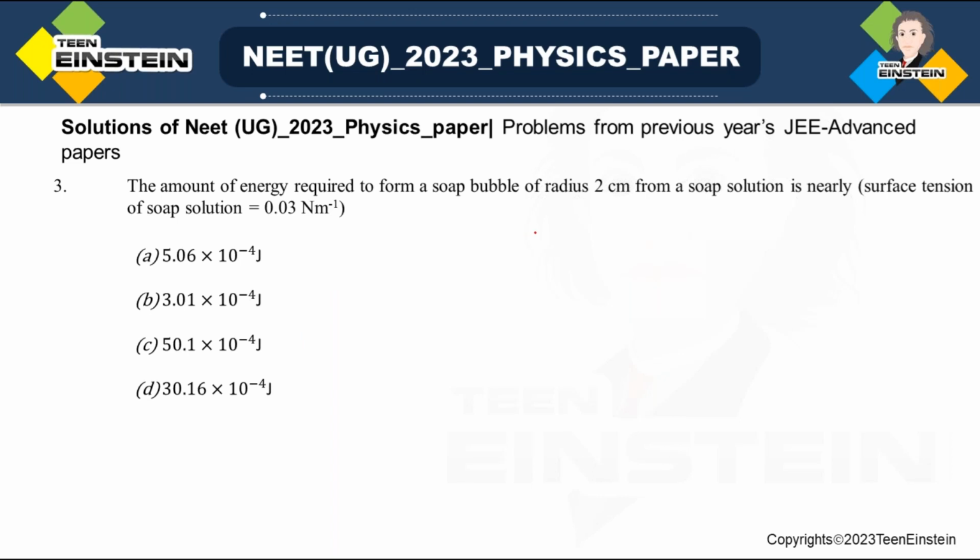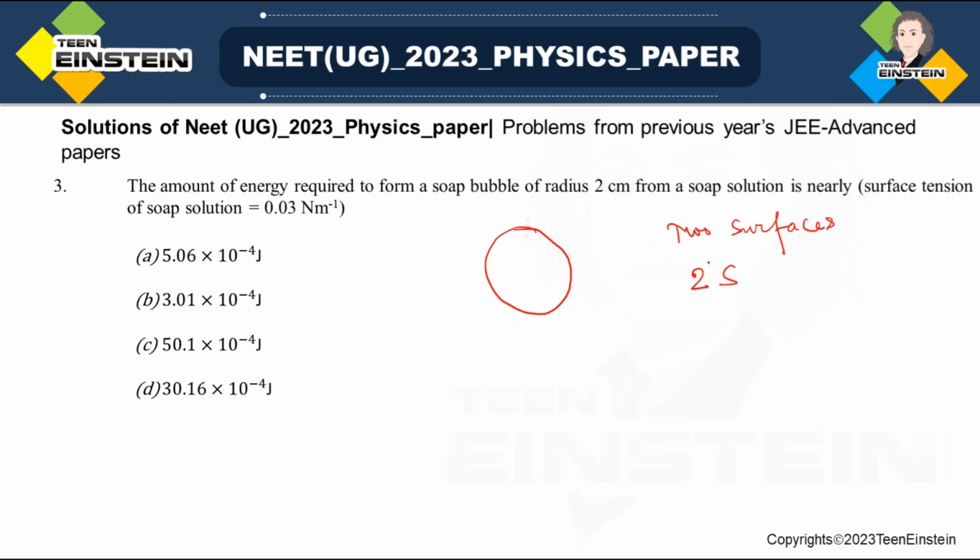See, if I have got a spherical soap bubble, it has got two surfaces. That means it has got surface tension 2s, if s is the surface tension for a single surface. So I have to consider for two surfaces here.